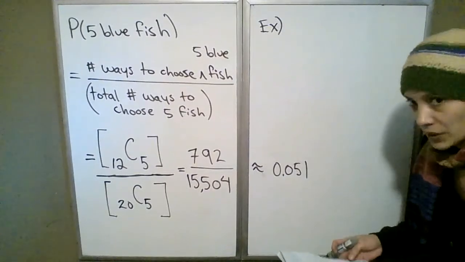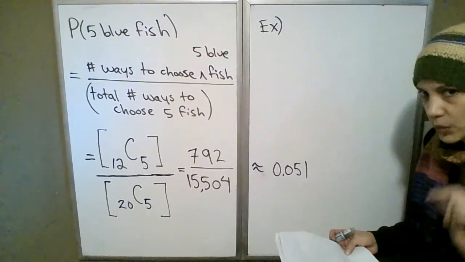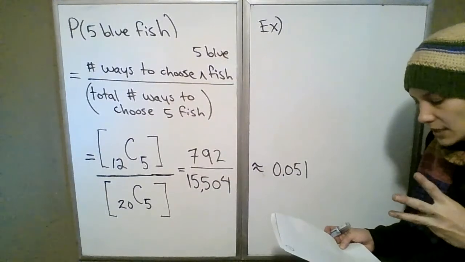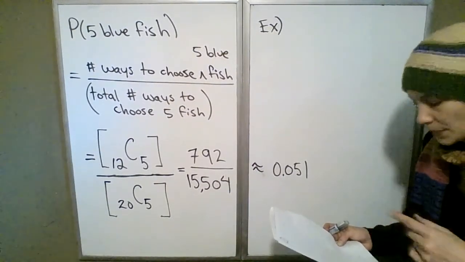So this time, instead of a pond with either red fish or blue fish, we're going to look at a toy box. It has 3 kinds of toys. There are stuffed animals that are bunnies or dogs or bears.